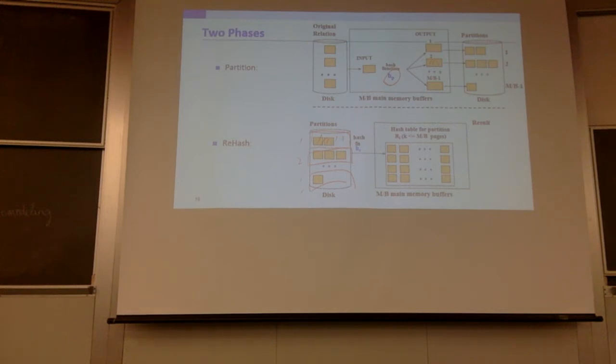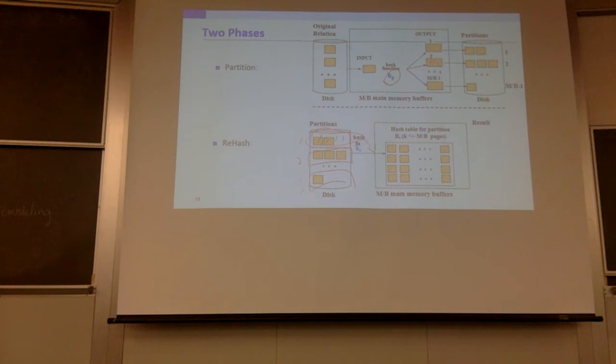So what you do in the next phase is you create a second level hash function for each of these partitions. So you process each of the partitions one at a time. That means you bring every page in the first partition into memory and build a hash table using a second hash function HR.